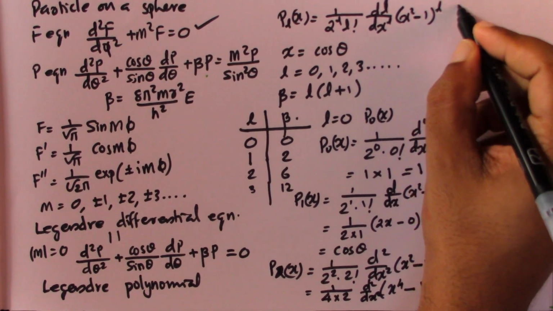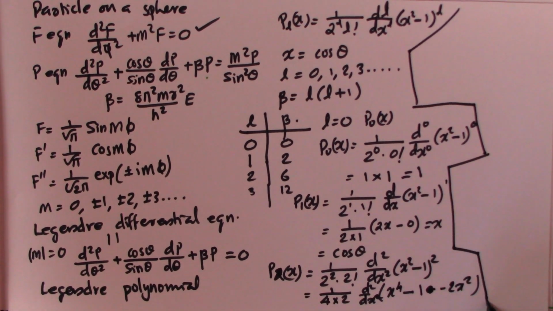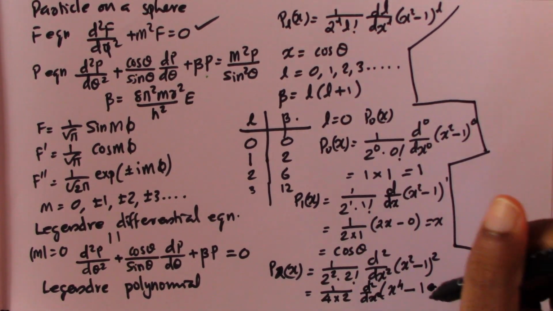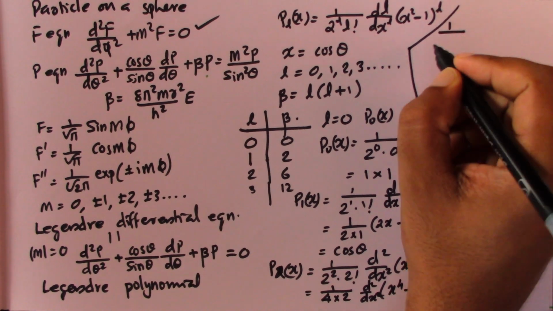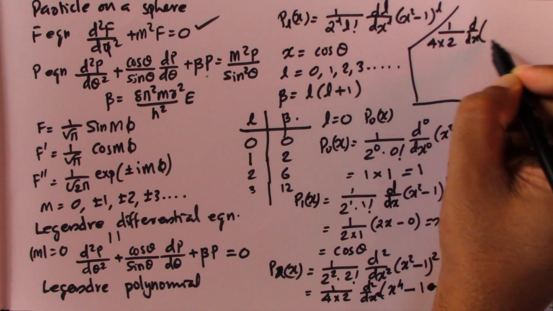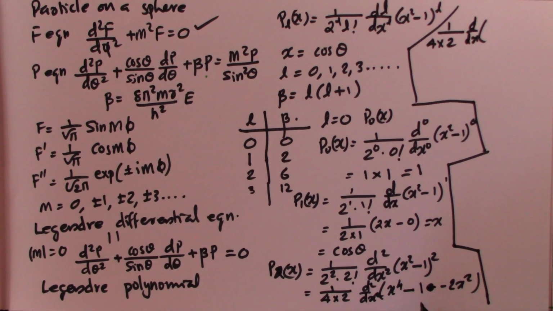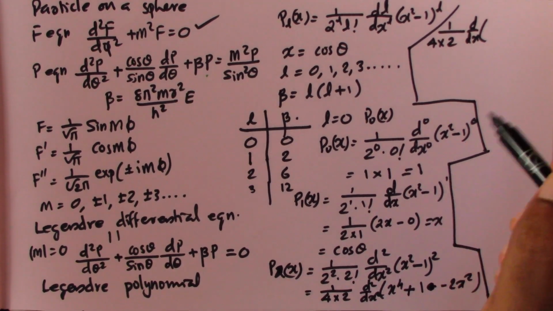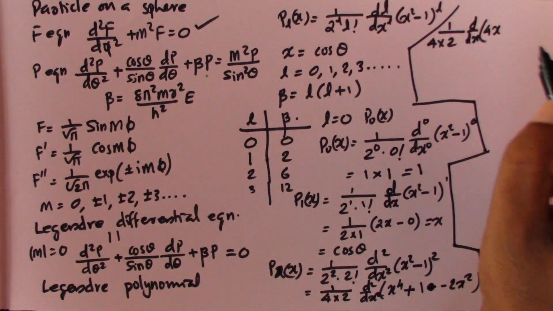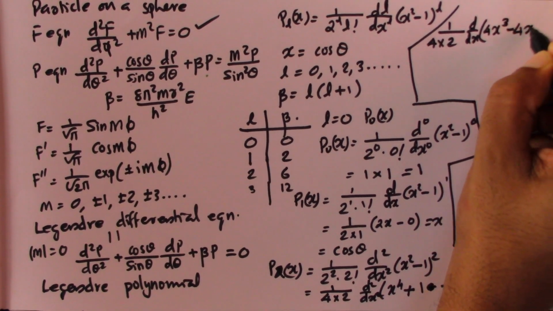So we have here P2(x) is equal to, let me write the balance here. I have to save the space because I am writing all this on an A4 paper, and it is better for me to save the space. So that is equal to 1 divided by 4 into 2 into d by dx of what is inside the bracket, the first derivative of what is inside the bracket, that is 4x cube minus 4x.